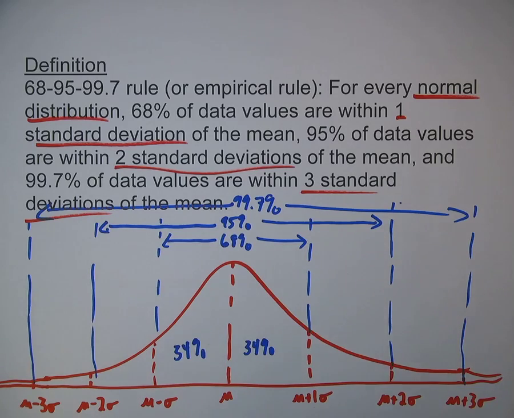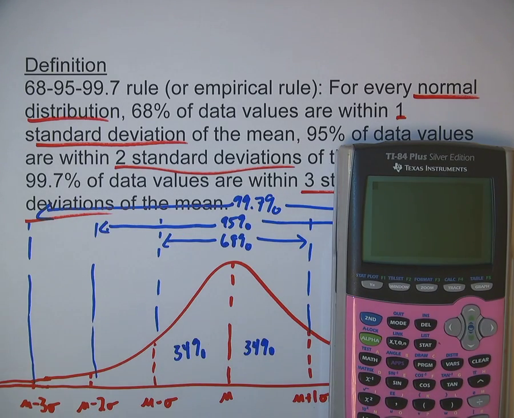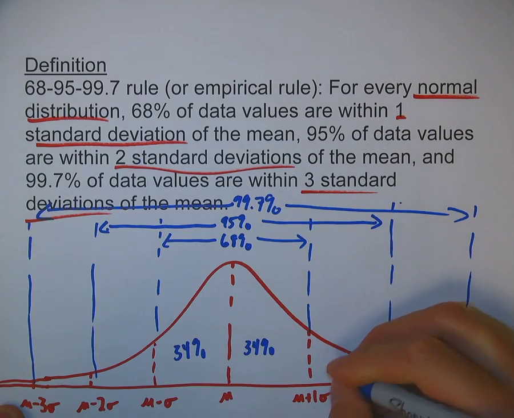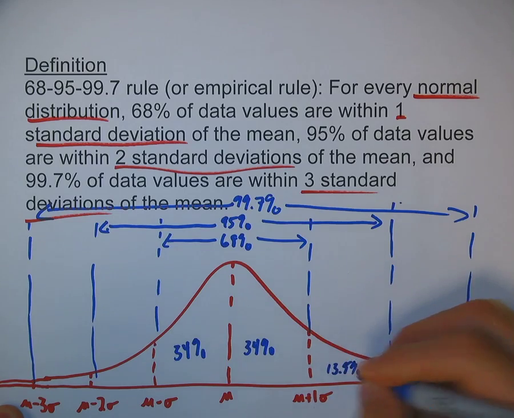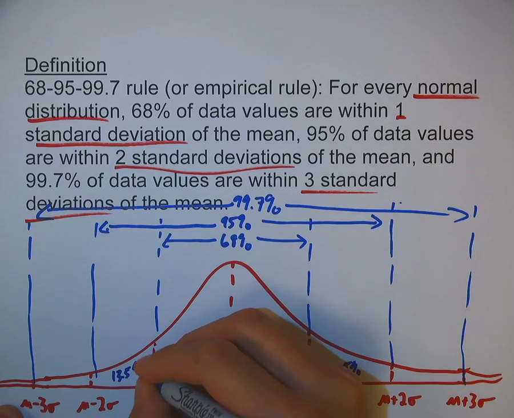And to determine what percent will be in each, I can take the 95% within two standard deviations and subtract what's within one standard deviation. So what this tells me is that 27% of the data lies outside of the one standard deviation boundaries, but still inside the two. And then if I want that split up into two regions, that's going to give me 13.5% in each of these two regions.